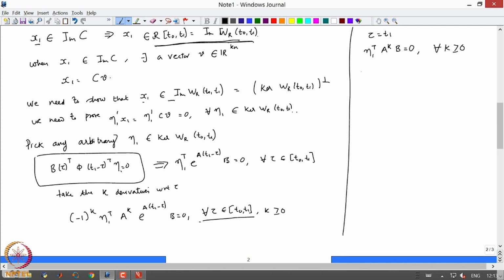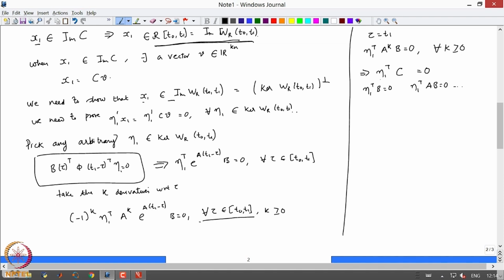So, this means that eta 1 transpose C is actually equal to 0, right, because for k equal to 0 I have eta 1 transpose b equal to 0, for k equal to 1 and so on.